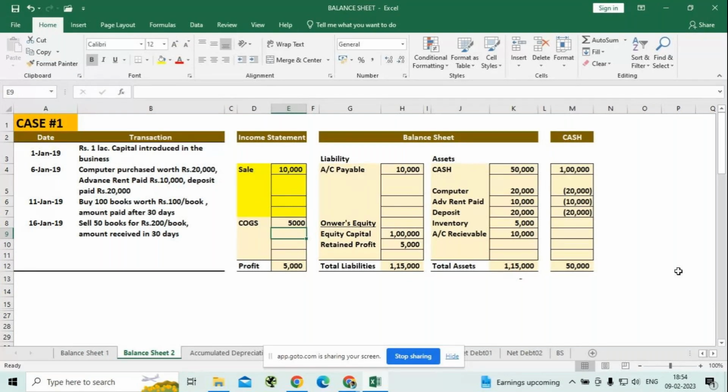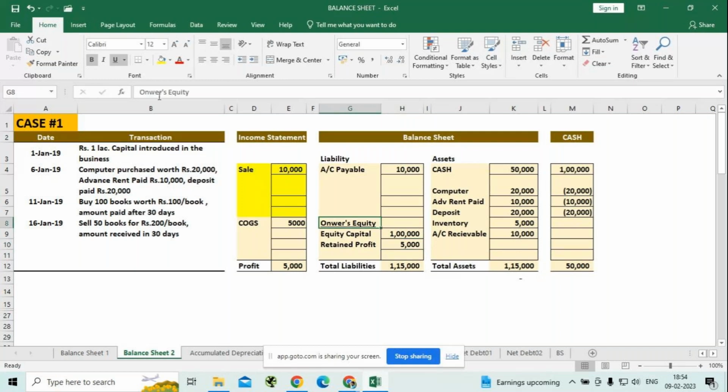Okay, so this is going to give us a profit of 5,000, where this 5,000 is being carried over to the balance sheet as retained profit, which will be added to owner's equity in case of profit. In case it is a loss, it would have been subtracted.